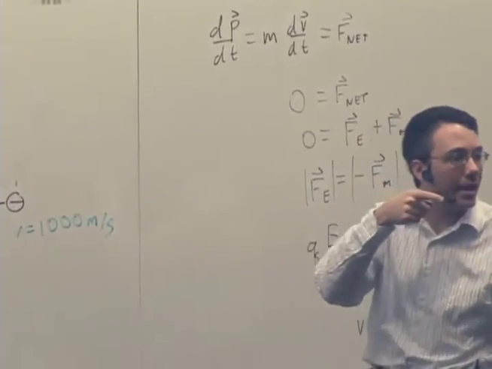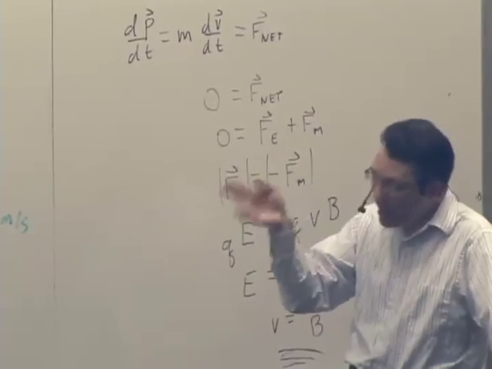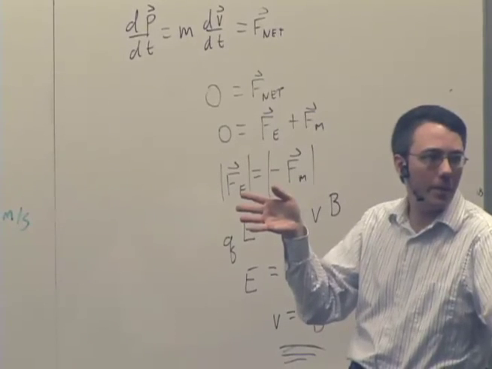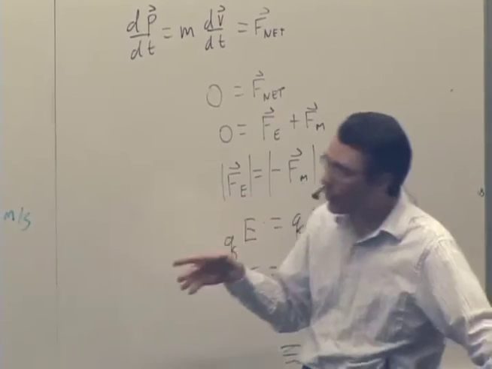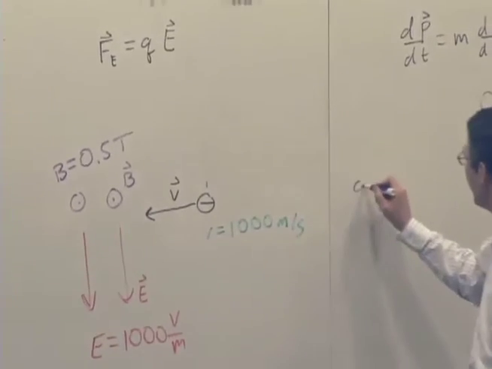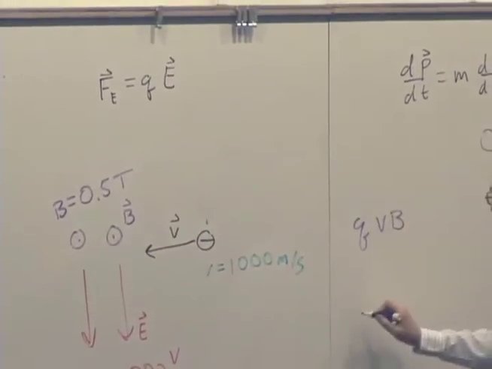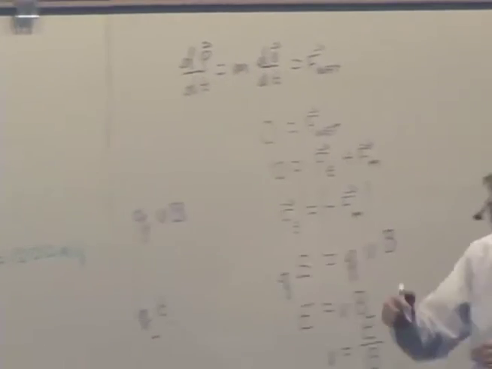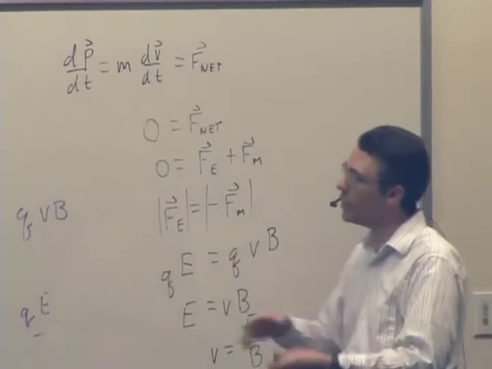Why would it drop? Because the magnetic force and electric force would be different, and which would be bigger? The electric force, right? Because the magnetic force depends on the speed. It's Q times V times B, whereas the electric force is just Q times E. The electric force is going to be constant no matter what speed the particle is.